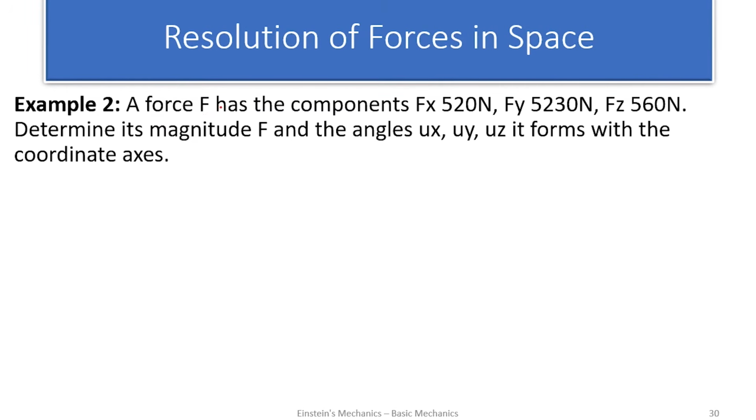A force F has the components f of x 520, f of y as that, and f of z as that. Determine its magnitude f and the angles theta x, y, and z it forms with the coordinate axes. That's quite interesting. So our solution, our parameters, we now have f of x given as 520.